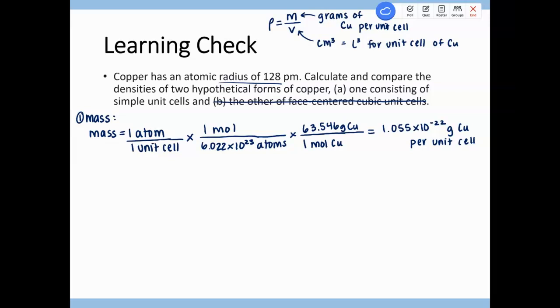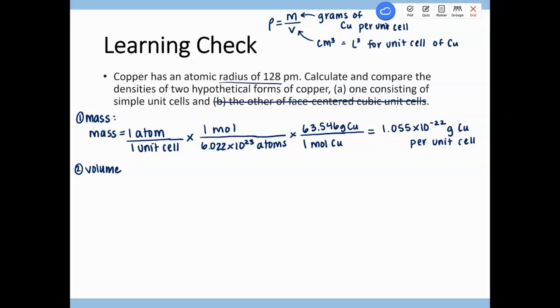So for 1 unit cell of copper, it weighs 1.055 times 10 to the negative 22nd grams. All right, so we've got mass, we've got grams, that's the first part of density.